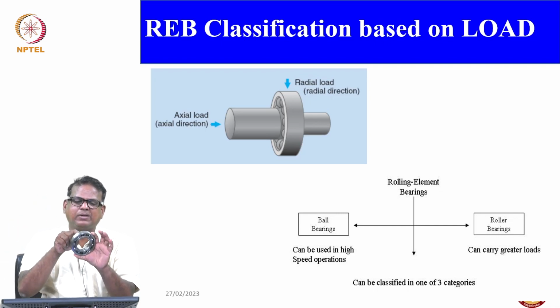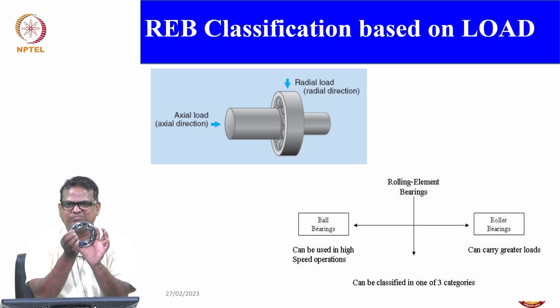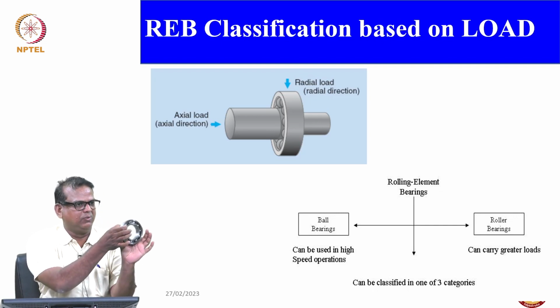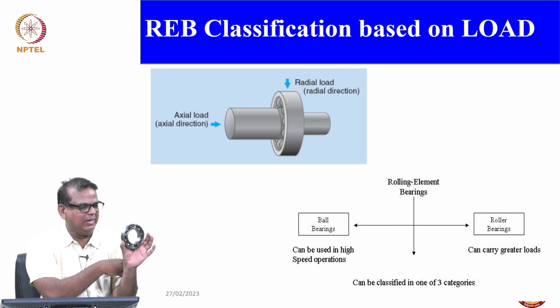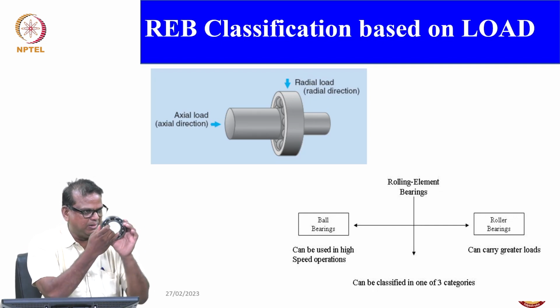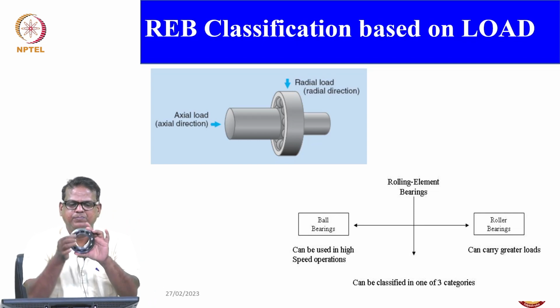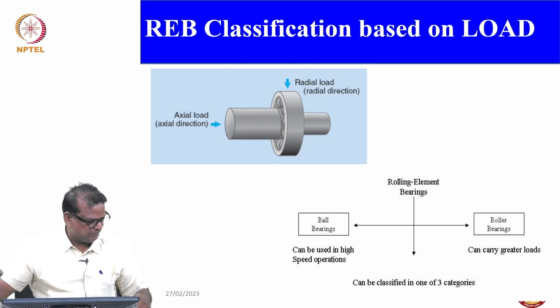The balls are placed uniformly, and again with the caging. The caging is used to retain the balls so that they will not move away in either direction. So, this is a deep groove ball bearing, which can be used for both radial load and axial loads. You can see that. This is one information. Maybe I will share later.